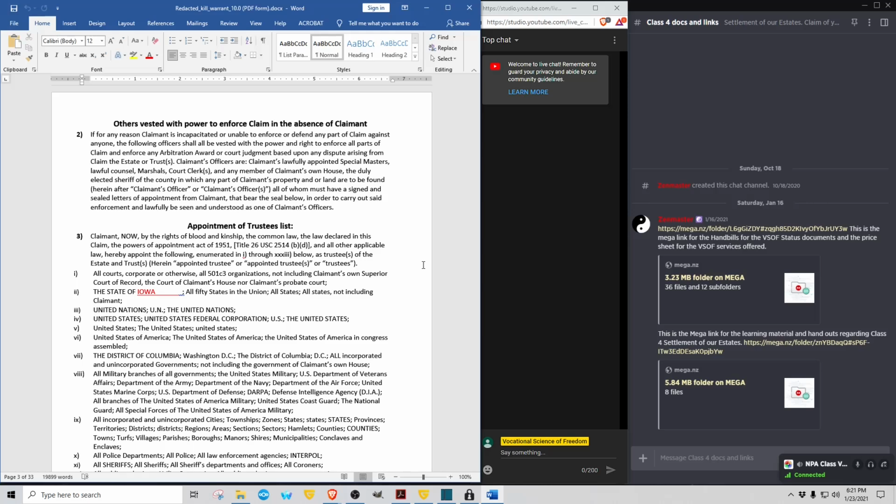And someone had once told me, even though I have not yet been able to track it down, that there's some Texas statute that says that if you serve the Secretary of State of Texas, then you are automatically serving or placing on notice every single corporation that is registered with Texas. Now, that would be interesting because you could certainly check off a lot of boxes if that's true.